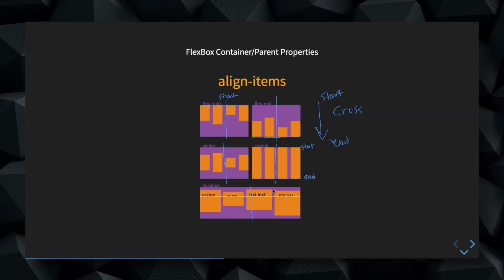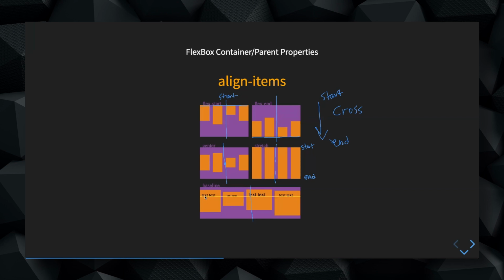And we have the baseline, which aligns items based on the baseline of the first line of text. So if we have text on these 4 boxes, for example, we have a baseline. We have a line that goes through the bottom of the fonts of the text on these lines. Depending on the font size, we might have a different layout or look, let's say.